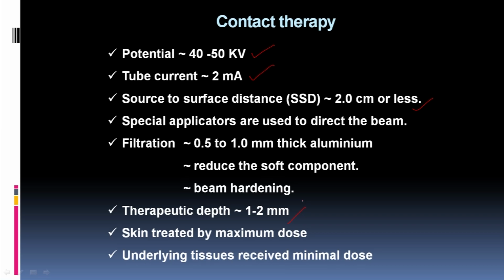So by contact therapy, we can very effectively treat the skin lesion, where the maximum dose is delivered, while there is a very sharp dose fall-off in the underlying tissues of the skin. They will get the minimal dose, which is the utmost requirement of radiation oncology.